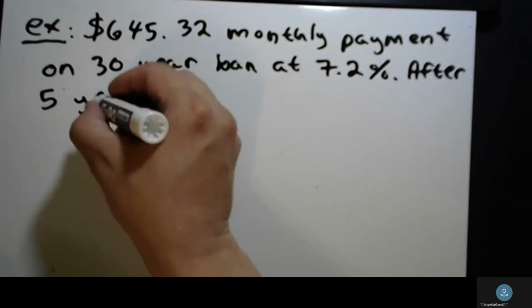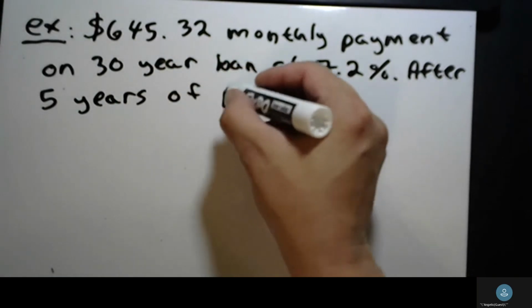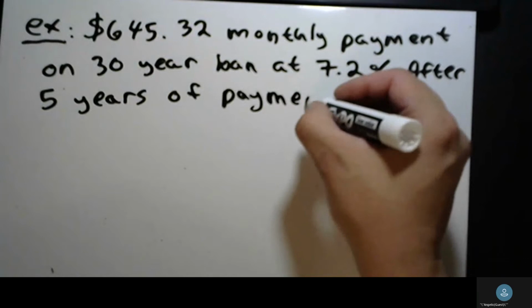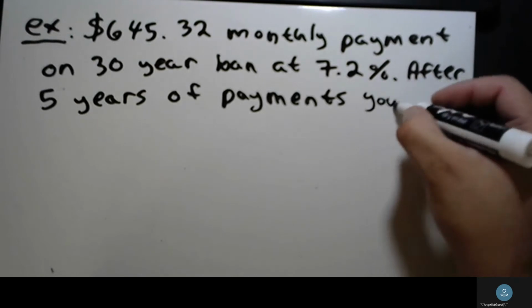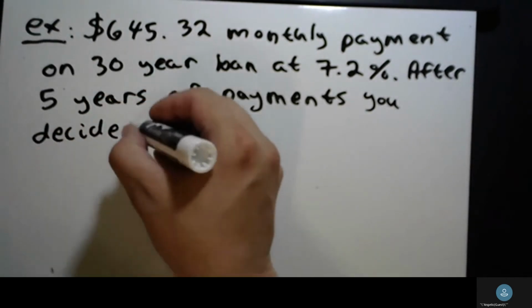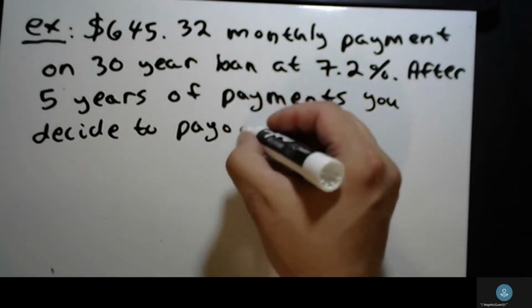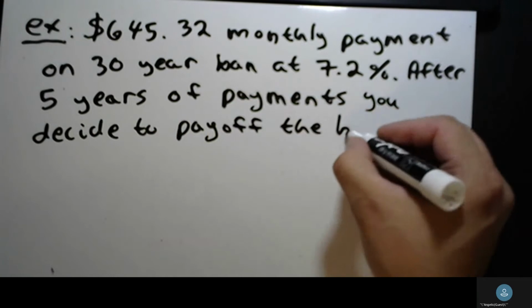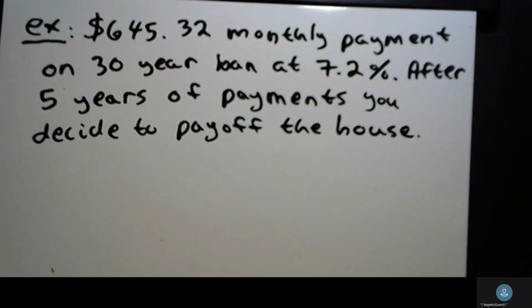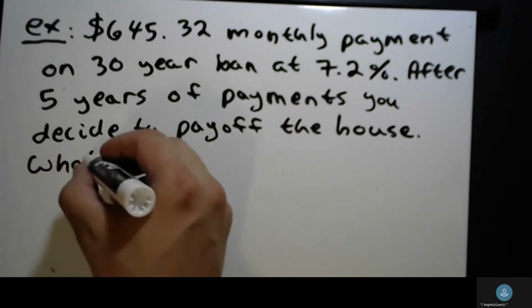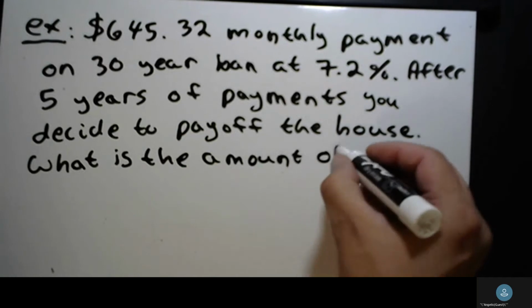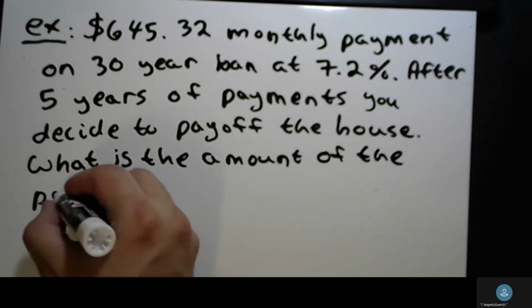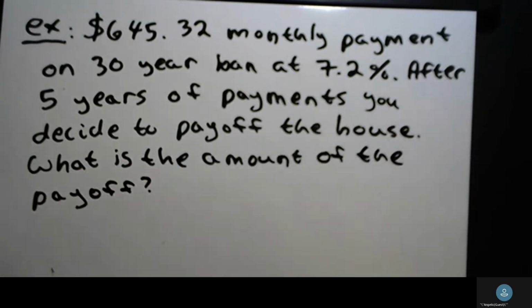After 5 years of payments, you decide to pay off the house. What is the amount of the payoff? Or the payoff amount, I guess I should say.